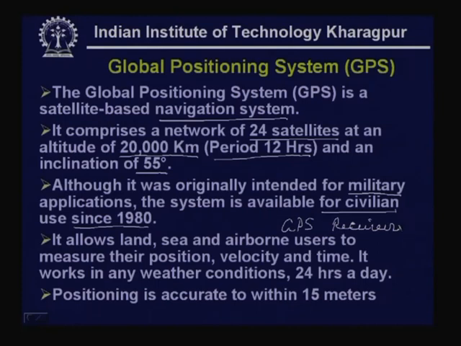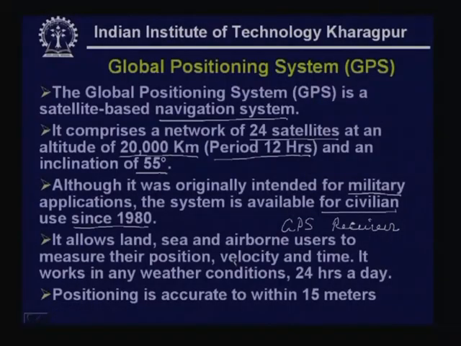So, a GPS receiver has been found to be a very invaluable tool to the captain of an airplane, to the captain of a ship, and very soon it will be used by people who will be traveling on road, vehicular traffic.